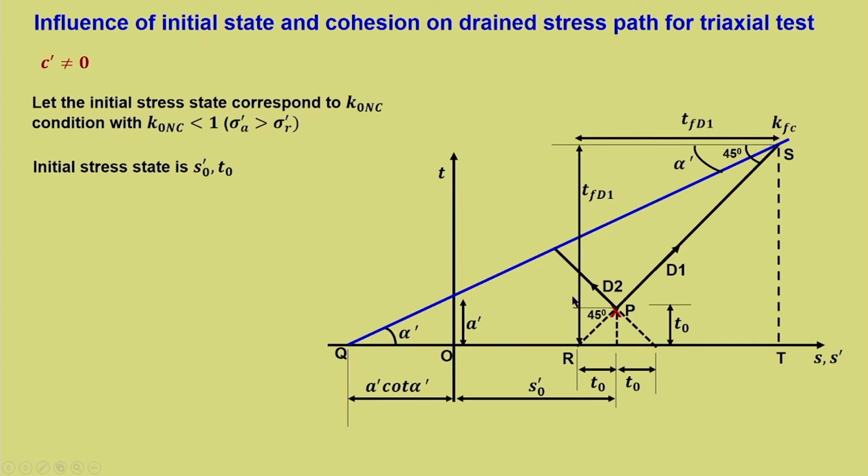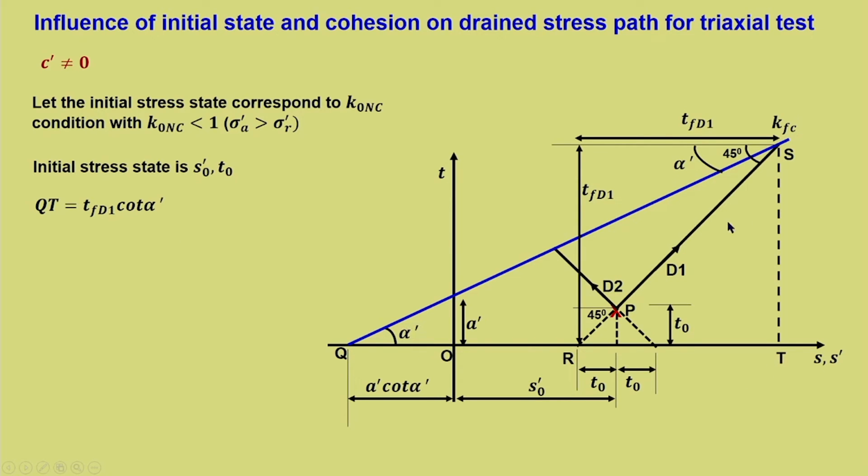Since this is 45 degrees, take this particular triangle, this is 45 degrees. So, here it is TFD1. So, definitely this has to be TFD1. Now, referring to this figure, QT divided by TFD1 is equal to tan alpha dash.